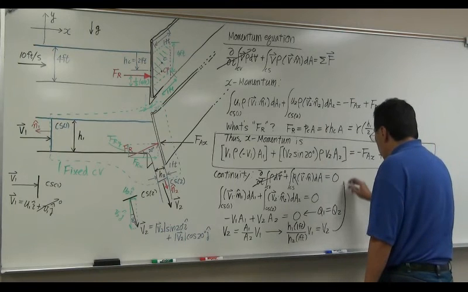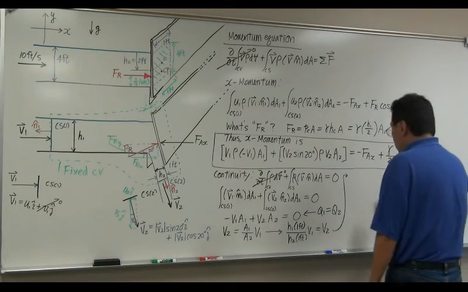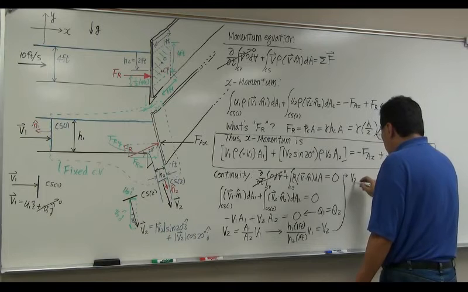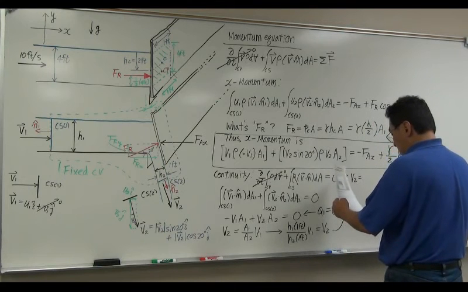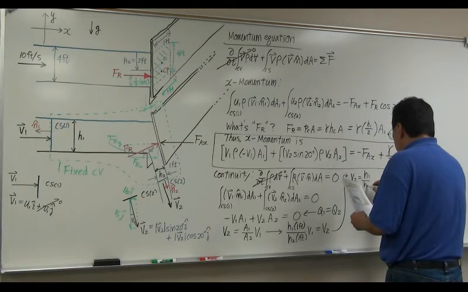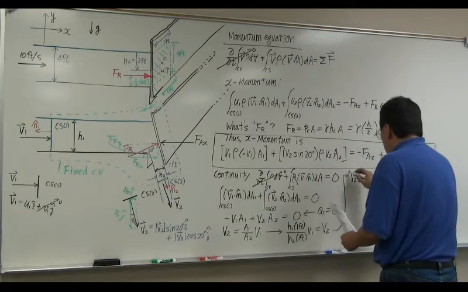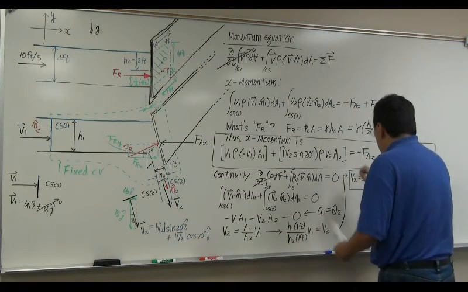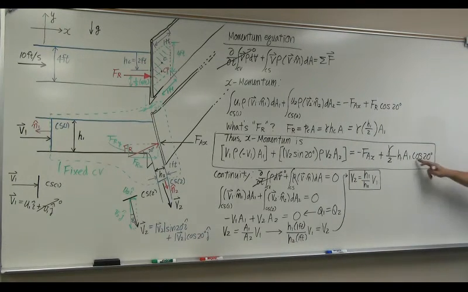So the conclusion from continuity is V2 is equal to H1 divided by H2 times V1. Now we want to combine those two equations.